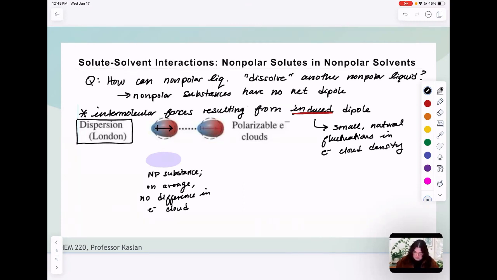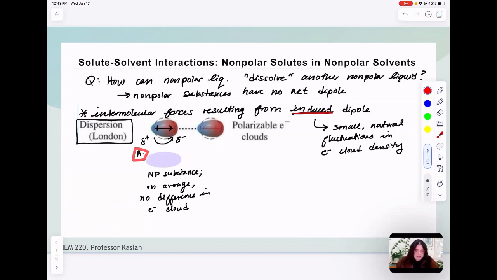However, let's say that just due to random circumstance, this particular molecule, let's call it molecule A, decides, I'm going to be lopsided. I'm going to have now a partial negative because I've got my electrons thrown over toward one side of my molecule, and a partial positive because my electrons have left their original position. And now I have what's called a random dipole that's been set up.